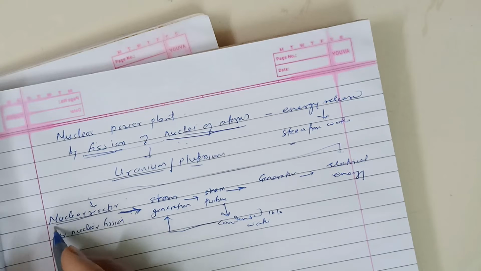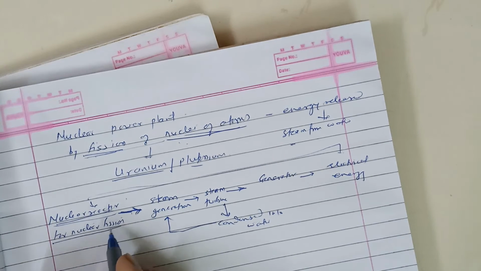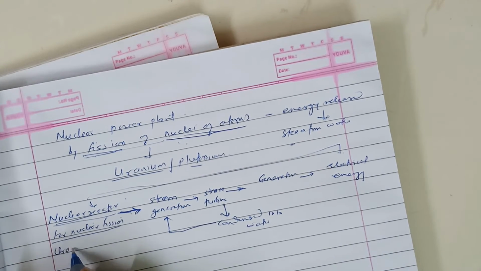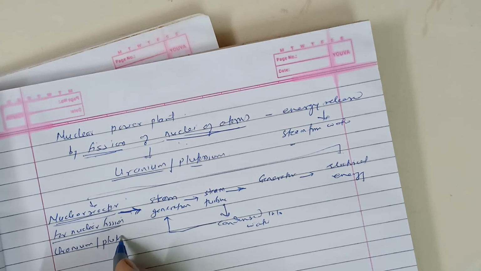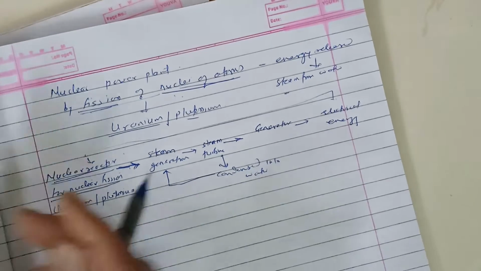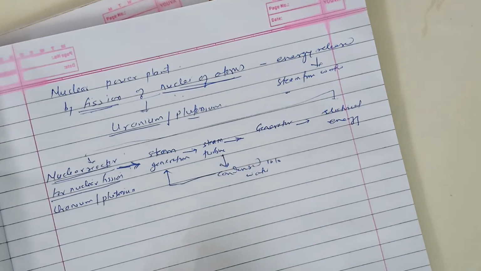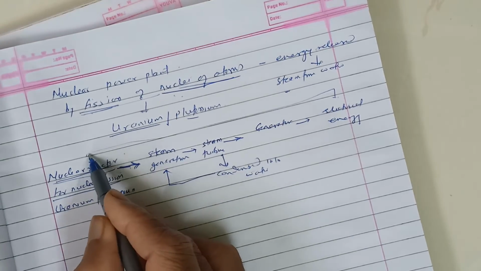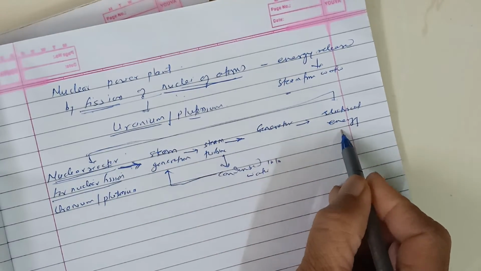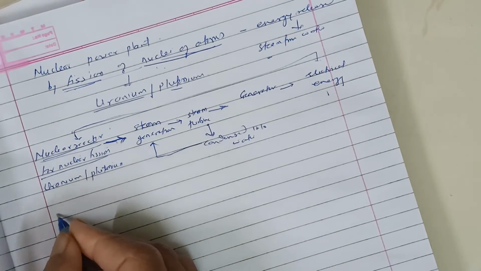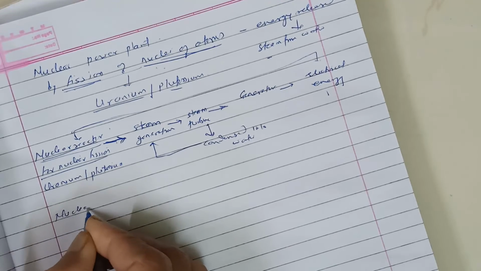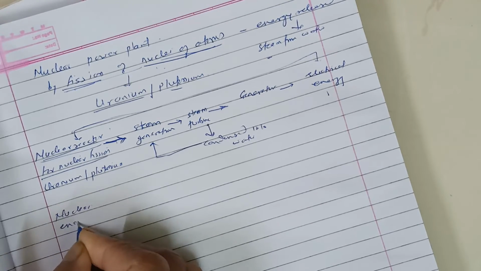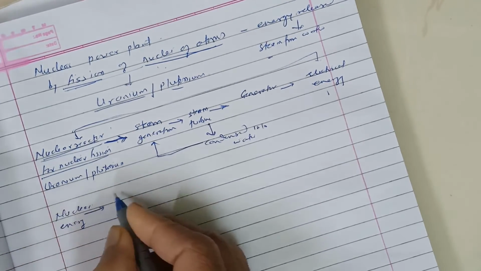In this nuclear reactor, for nuclear fission, uranium or plutonium substances are used. Thus, nuclear energy is converted into electrical energy. First, the nuclear energy heats the water.